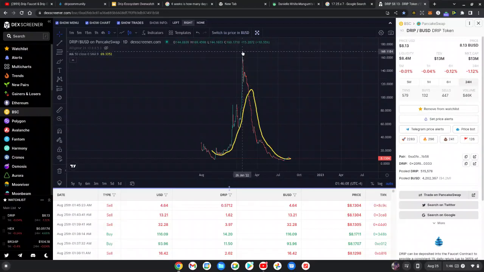This chart is, I think, the DEX, PancakeSwap. PancakeSwap was behind the times, but we went up to like $190. But anyway, that's how much Drip went up, right?